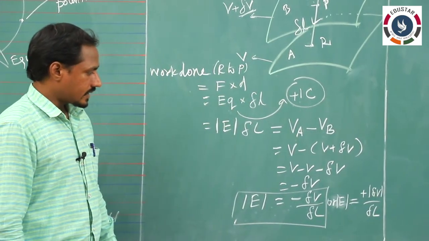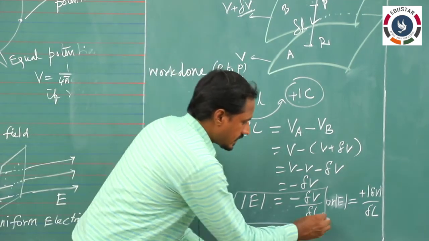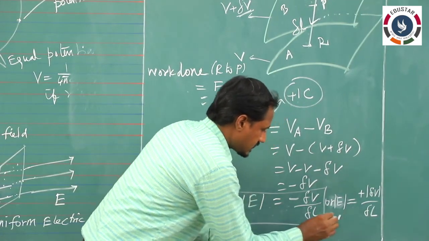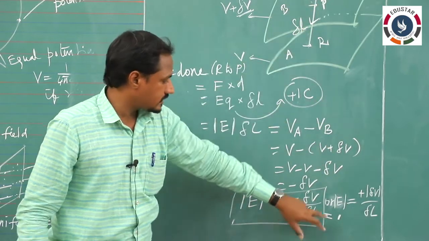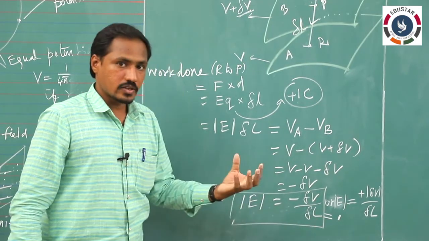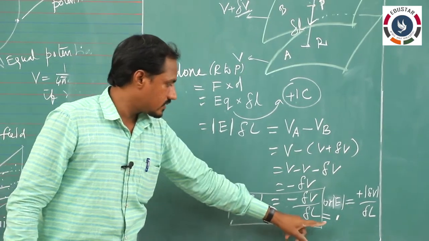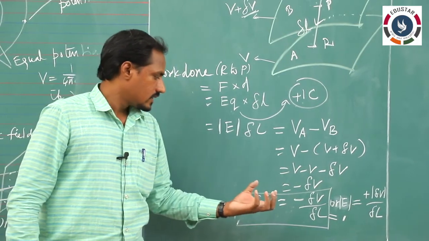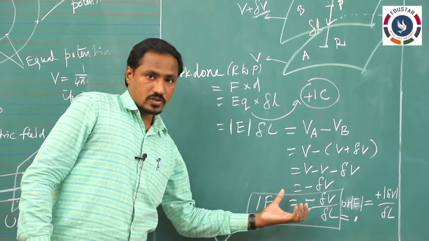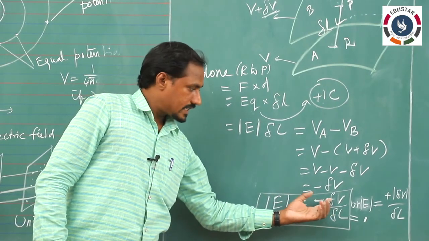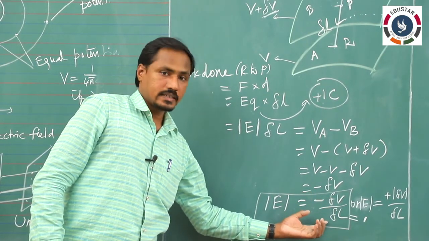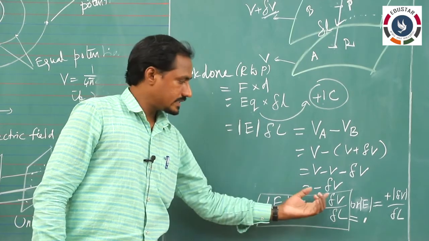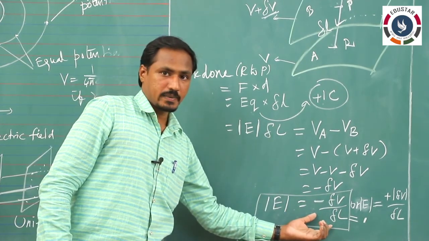Again, if del L equals 1, which means del L is the distance, a unit displacement, then E equals minus del V. This gives the electric field as the decrease in potential for unit displacement.